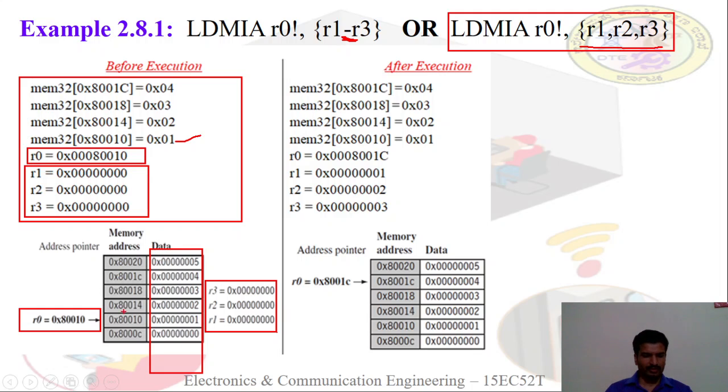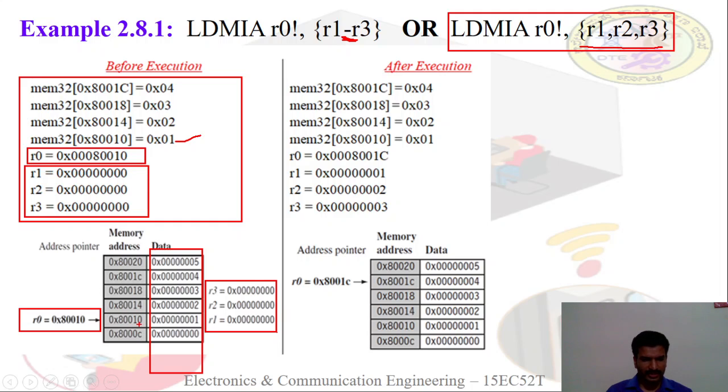So here I am using word alignment. In the last session I told you that, irrespective of the memory size, in each memory location we can store 1 byte only. So don't get confused here, we have saved 4 bytes. Here 80010, so the next location is 80014.